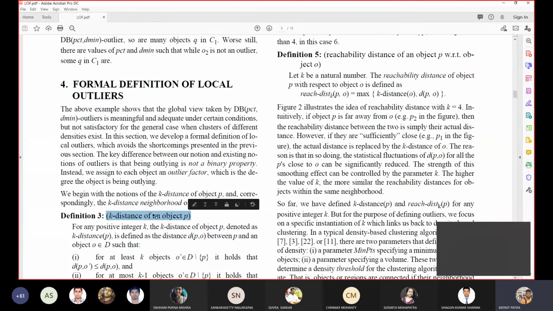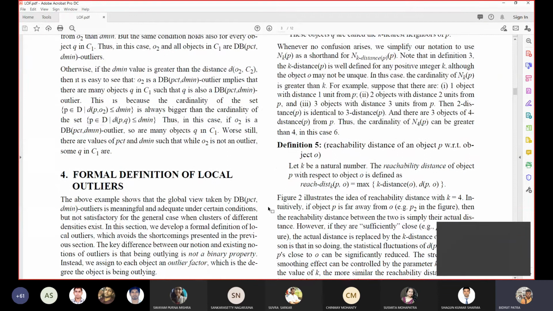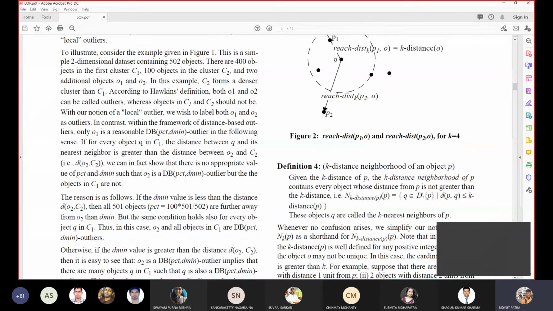Okay. So once you define the k-dist, now you define the k-distance neighborhood of an object. The k-dist neighborhood of an object is the set of all points, excluding the point itself, whose distance is within the k-dist.